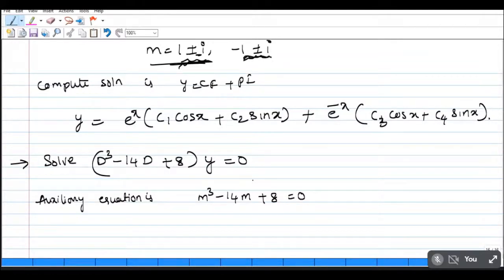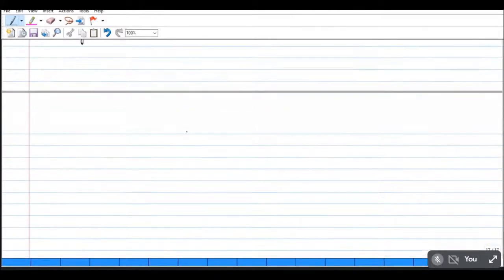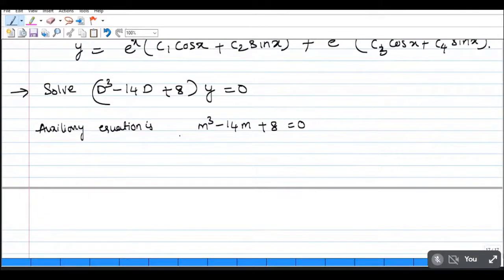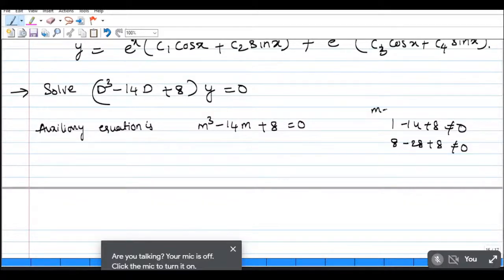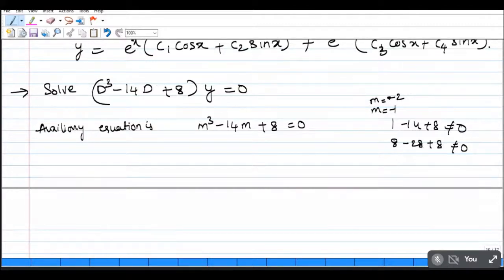See, is 1 satisfying or not, is 2 satisfying or not? Find out one root. m equal to 1, not satisfying. m equal to 2, no. m equal to minus 1 also not satisfying. m equal to minus 2 also not satisfying.